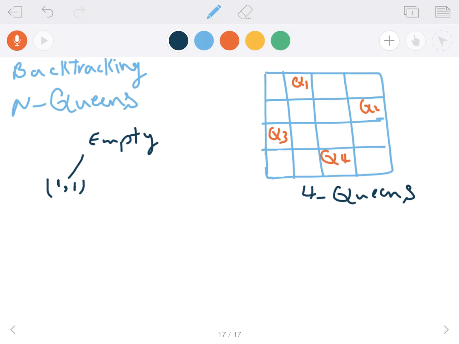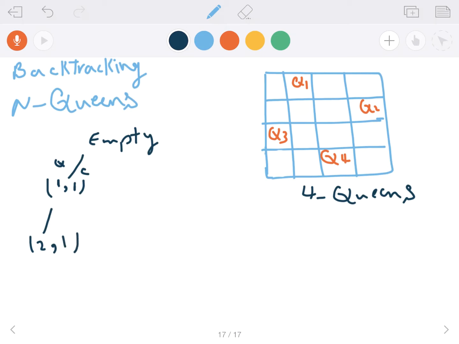At each step we are putting a queen in one row. So the first number is the queen and the second number is the column. We put the first queen in the first column. Then we go to the next row and put the second queen, again in the first column.